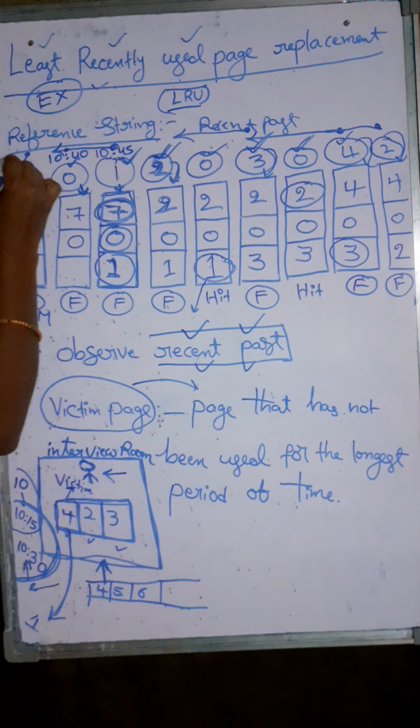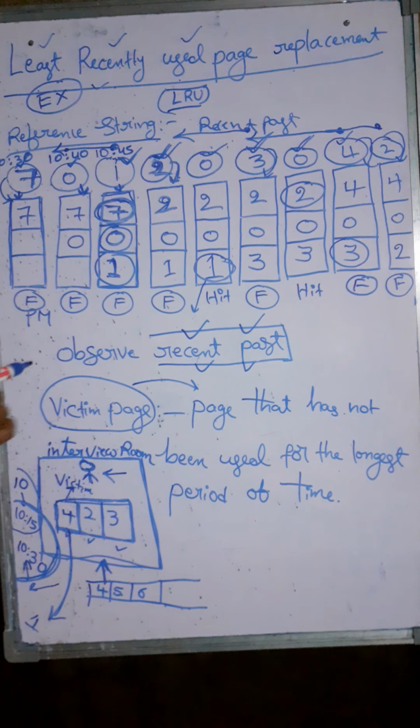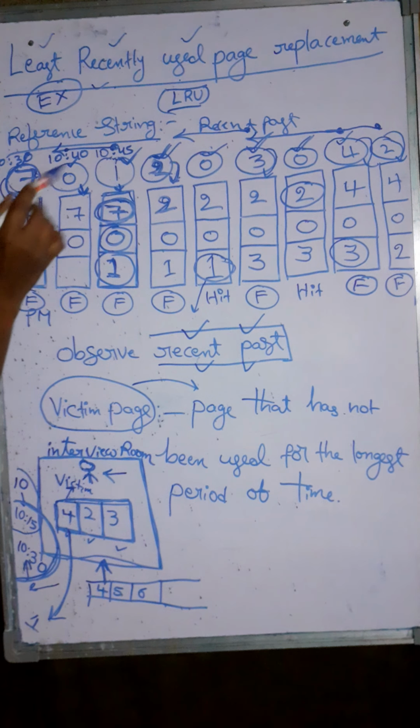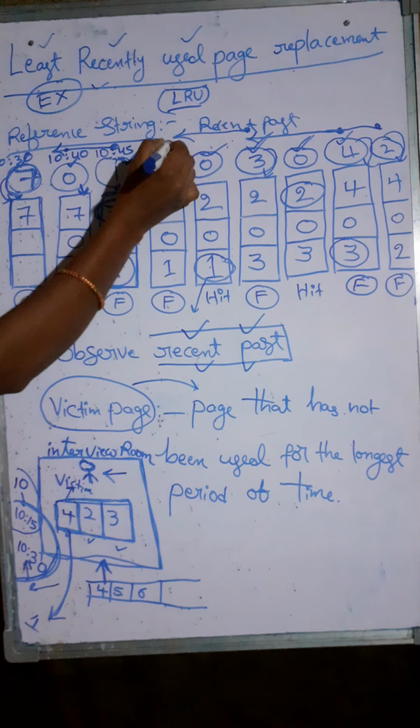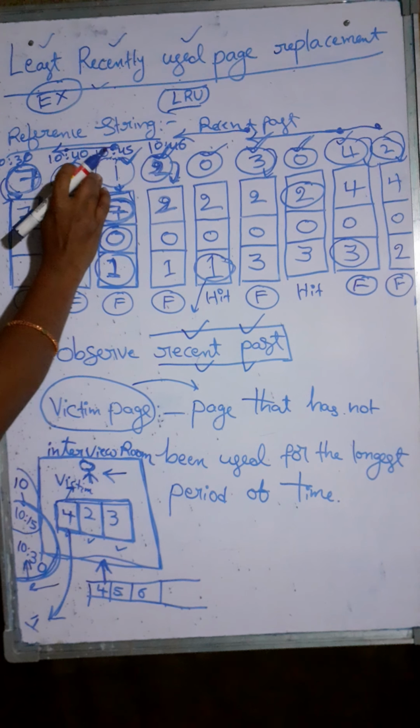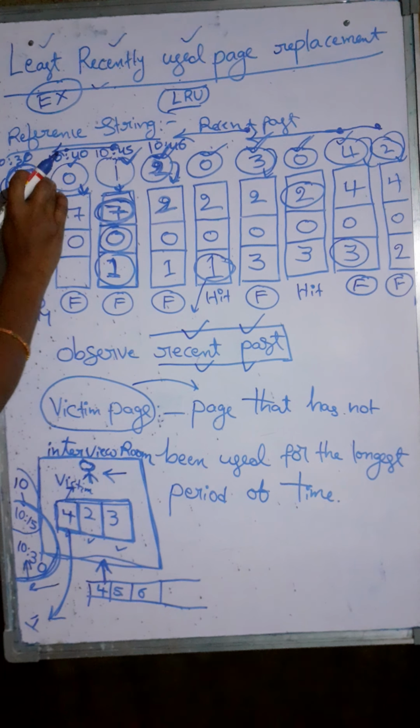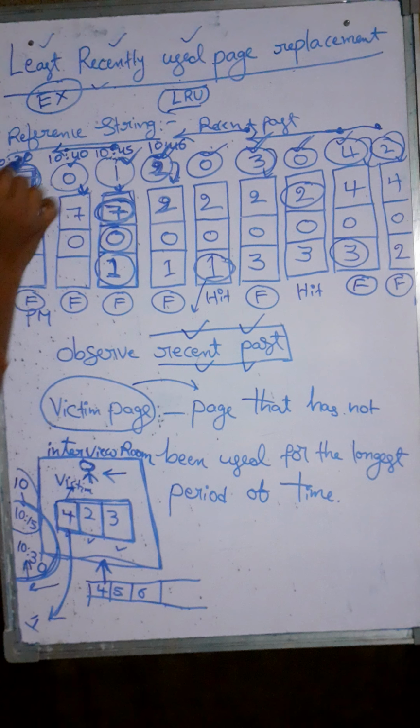Before that, at 10:30, this one is asked. That means it will maintain time information of each page's last use. Let us assume that the current time is 10:46. Before that this one is asked, before that this one is asked. But page number 7 has not been asked for the longest period of time.